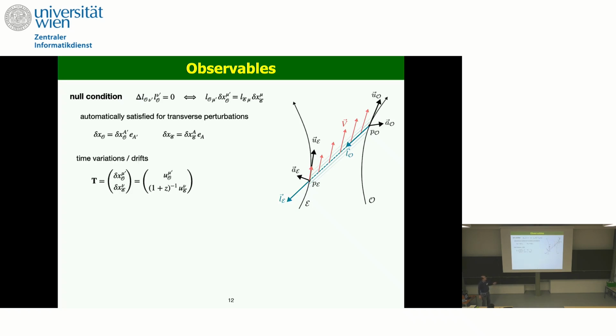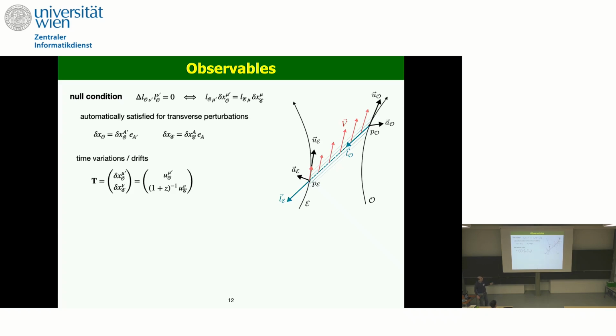So assume that you want to calculate a derivative with respect to the observer's proper time of any of these primary observables. You have to make sure that the variation of this point over here is basically proportional to U_O, and the variation of this point over here is proportional to U_E, but there must be a proper proportionality constant to make this correct. It turns out that this prefactor over here has to be 1 over 1 plus the redshift, which physically makes sense.